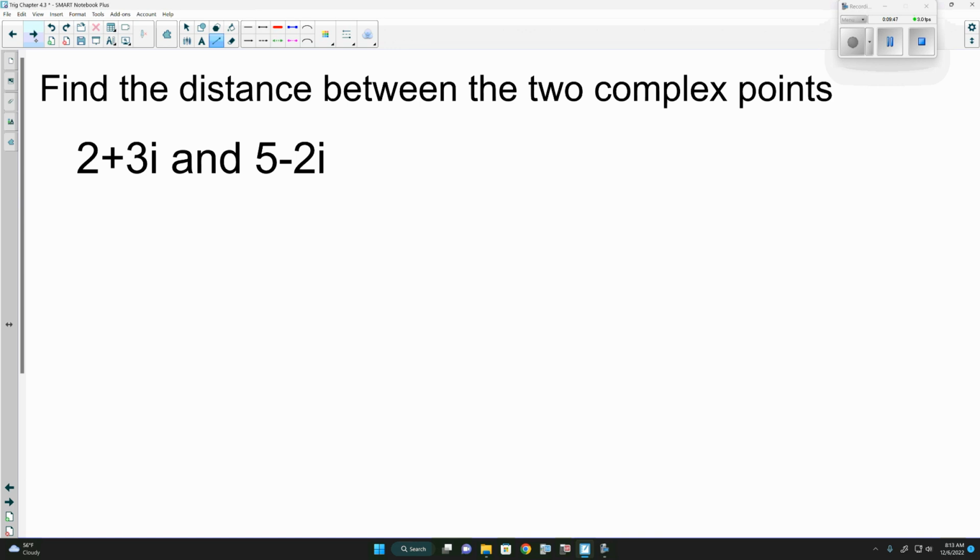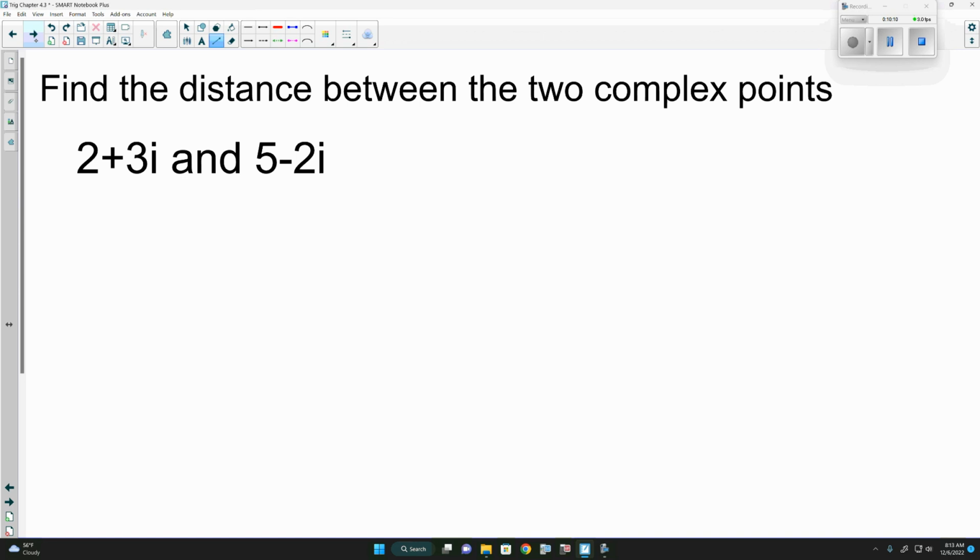Find the distance between the 2 complex numbers. I didn't specifically put this down, but I'm going to go on and write it in because I think it's kind of funny. It's not going to be ha-ha funny, but I just find it interesting.